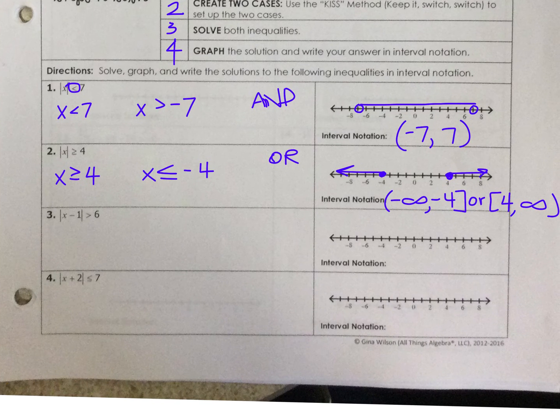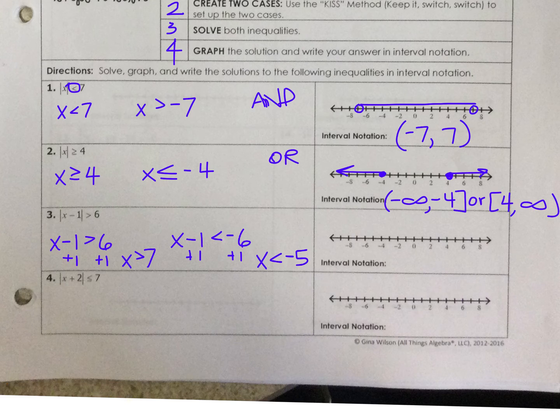Number 3, so he's in jail, and when he went to jail he had $1 with him. So when he comes out of jail, he's going to come out with his $1. So x minus 1 gets to come out of jail, and he can make positive choices, or x minus 1 totally flips out and makes negative choices. So when I add 1, I get x is greater than 7. And when I add 1 to this one, I get x is less than -5.